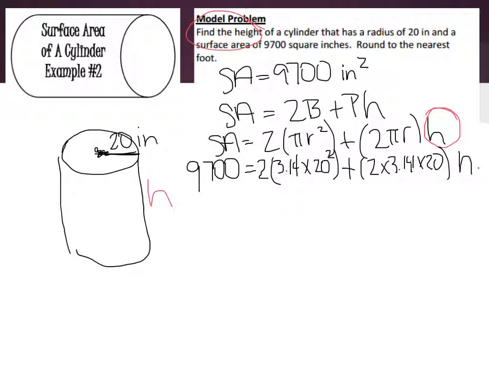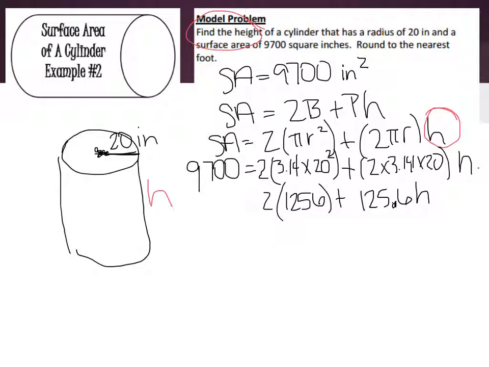Now we're going to simplify this. We can use our calculator to help us. The area of the circle on the top of this cylinder is 1,256. So I've got 2 times the area of my circle. The circumference of the circle, 2 times pi times radius, 2 times 3.14 times 20 is 125 and 6/10 times our height.